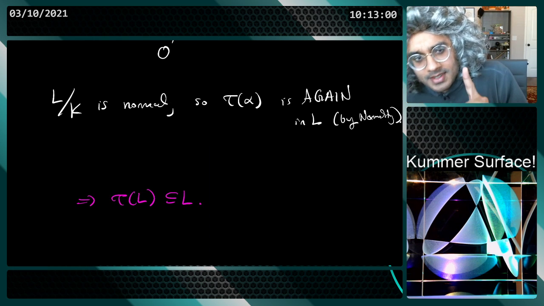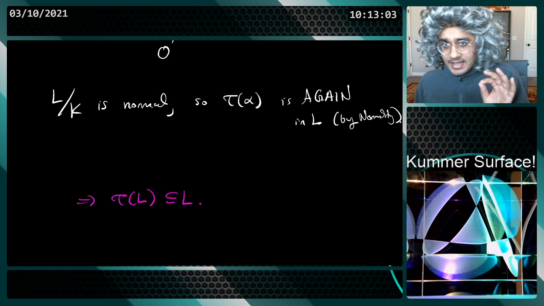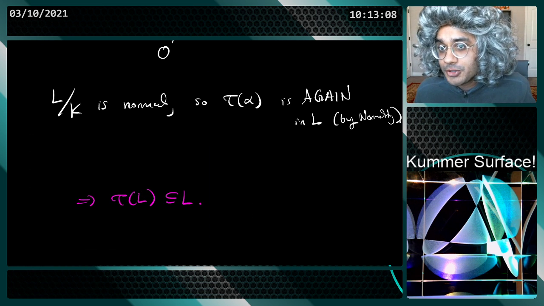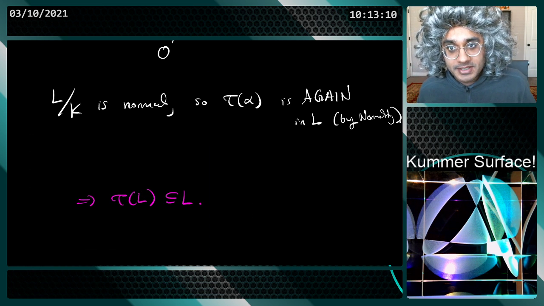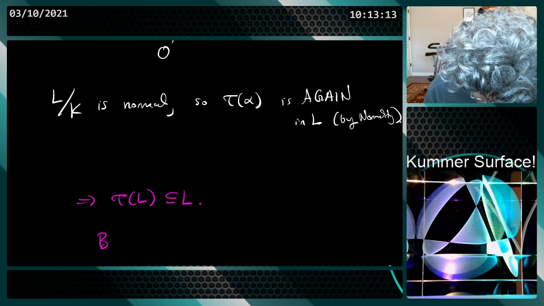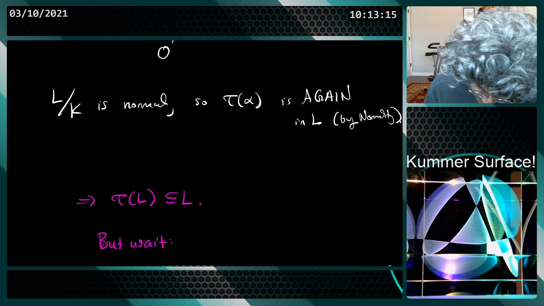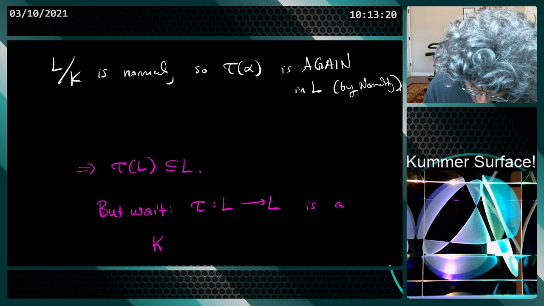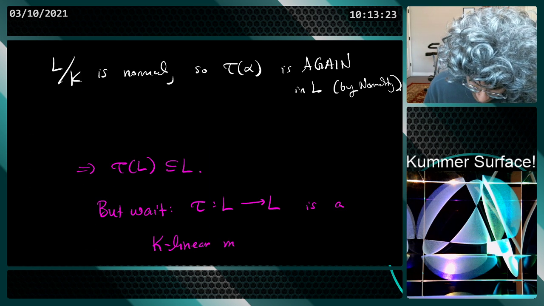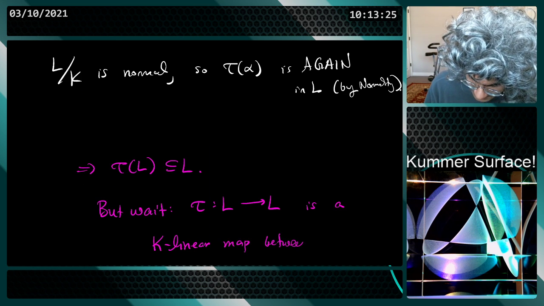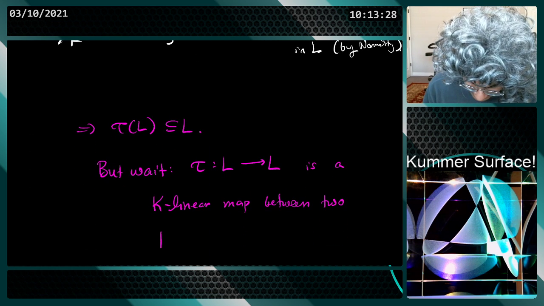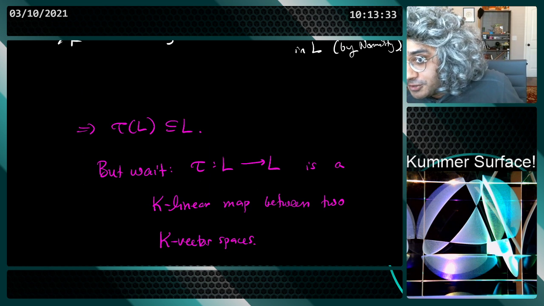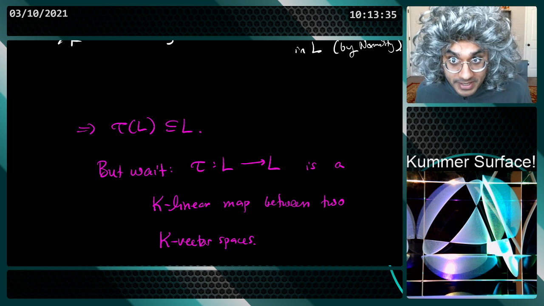But hold on. Tau is actually, yes, a field homomorphism, but it's also a linear transformation of K vector spaces. It is a K linear map between two vector spaces, and these two vector spaces are the same vector space.